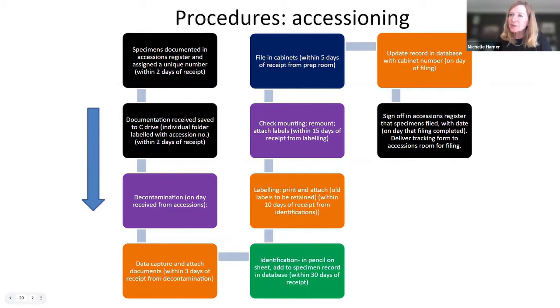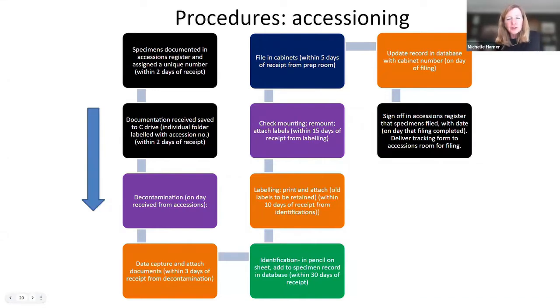What is the process? What's the step-by-step process for accessioning? So specimens are documented in the accessions register, they get assigned a unique number, and you can put in your time frames. You should have time frames in there. Two days of receipt, we've got to do this. Then you get all the documentation that came with the specimens and you save it to the C drive on your institutional servers. Then you might have to do decontamination before you do anything else.